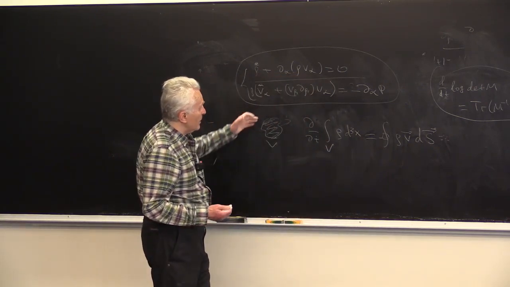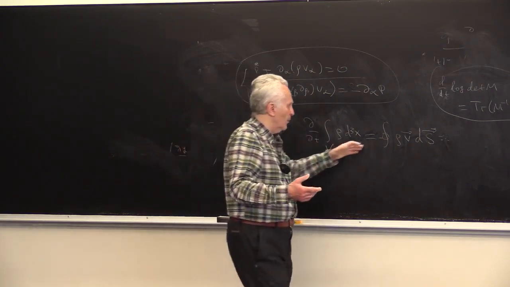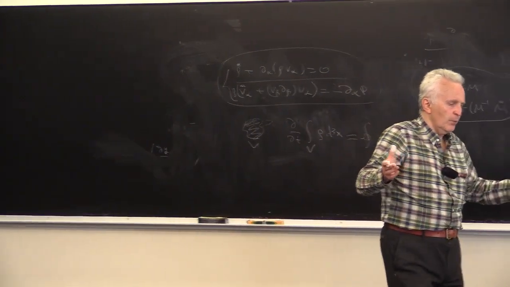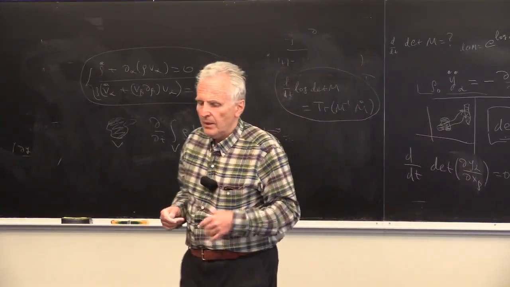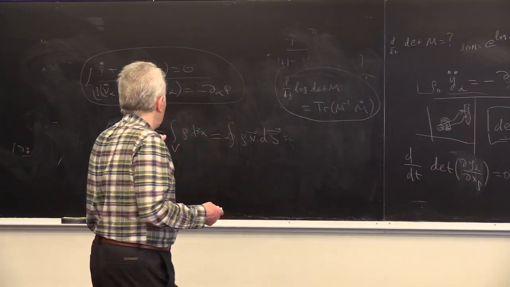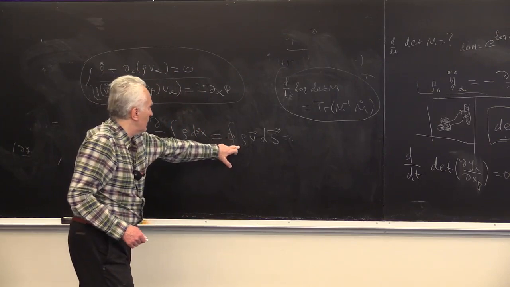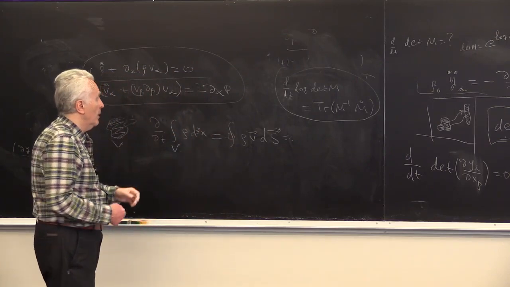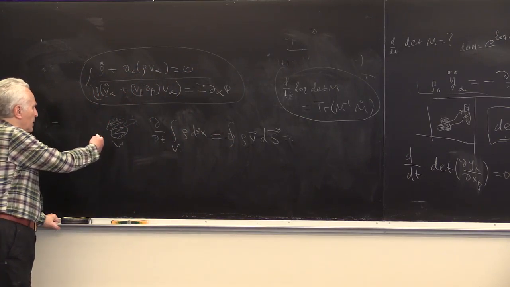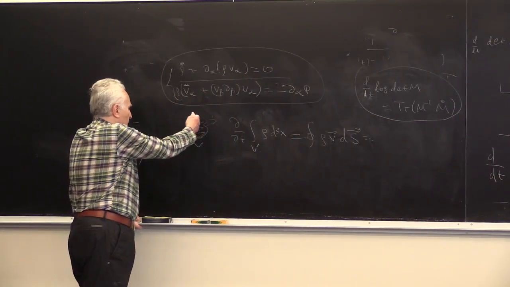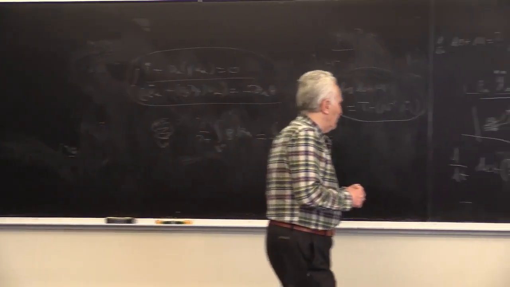And of course, if you take infinite walls, the velocity at the walls will be zero, and the total mass will be conserved. If V goes to infinity, then of course this is zero, and we have a conservation law. But it's very important to understand what happens when you have a finite volume.